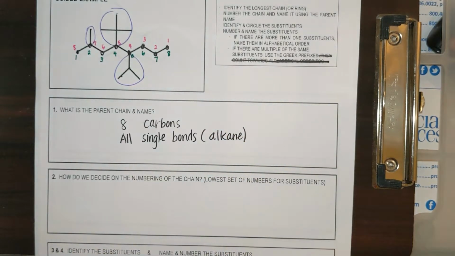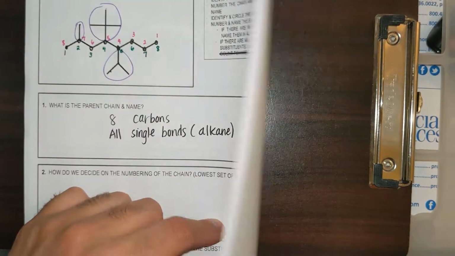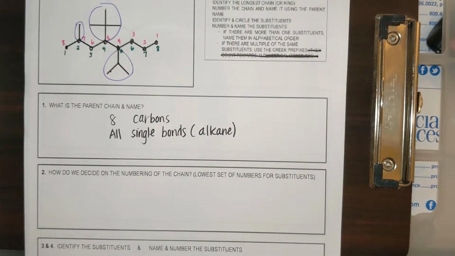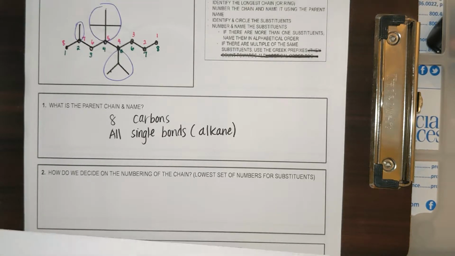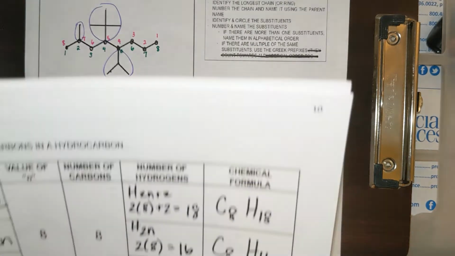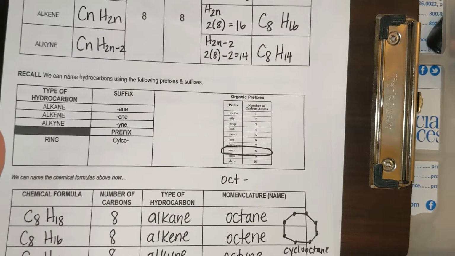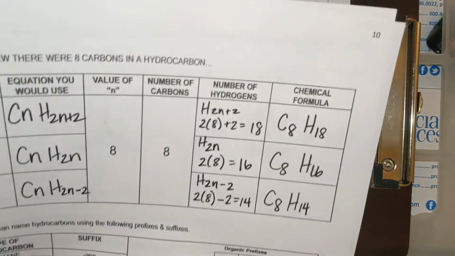And to remind you, we're going to go back a couple of pages. If I want to name 8 carbons and it's an alkane, we did this on the earlier page. We got the name octane.